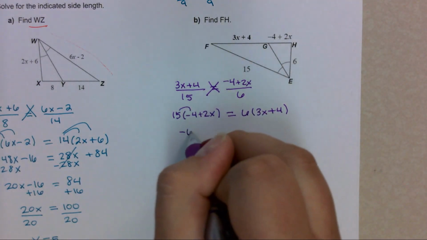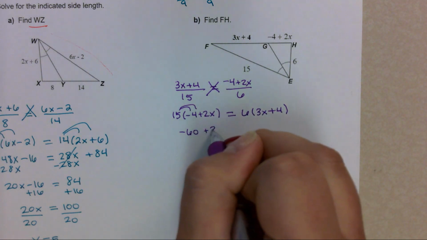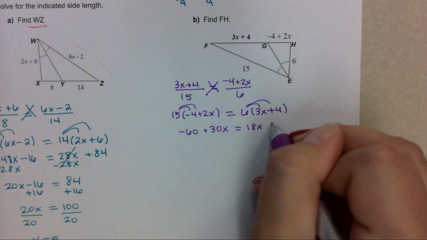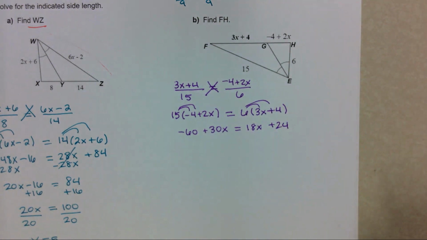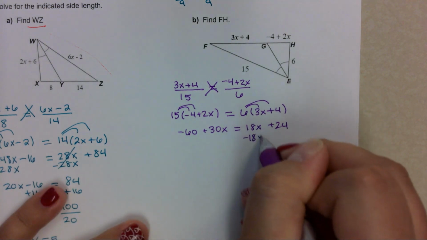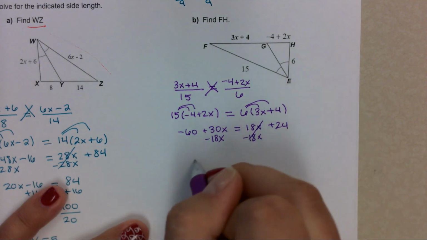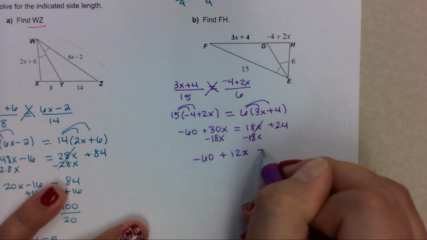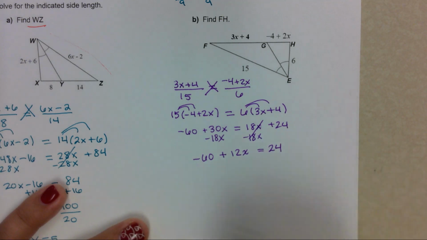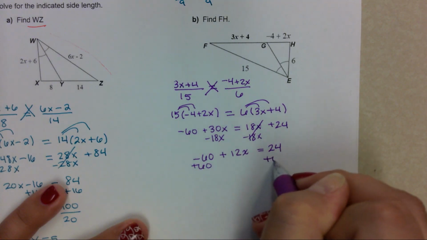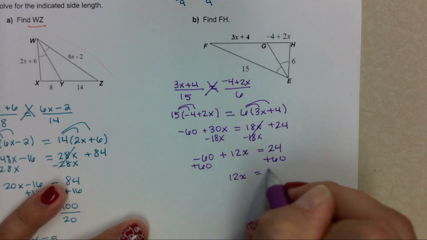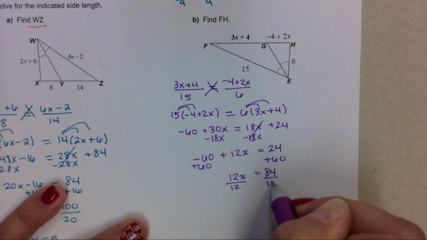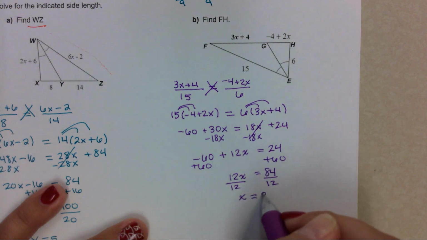Distribute, I get negative 60 plus 30x equals 18x plus 24. I'm going to subtract 18x from both sides, and I get negative 60 plus 12x equals 24. Add 60, I get 12x equals 84. Divide by 12, I get x equals 8.